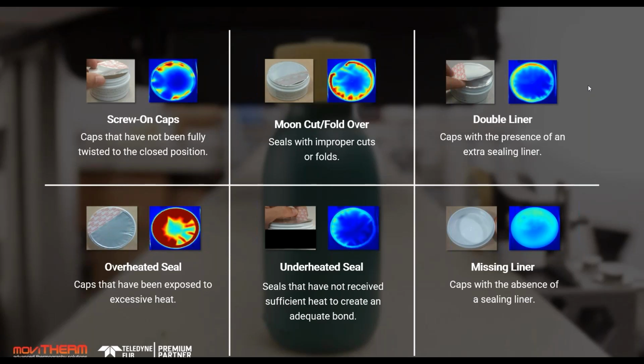We're going to be able to see missing liners, product in the seal, which really isn't listed here but is a potential, misalignment on the caps, and torquing issues with the thermal inspection system. So there are quite a few that we can find.